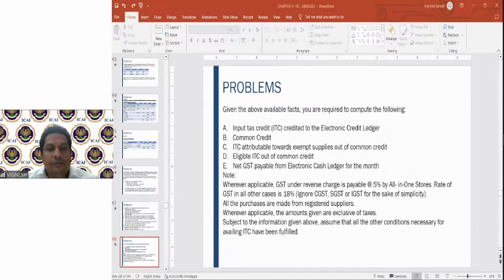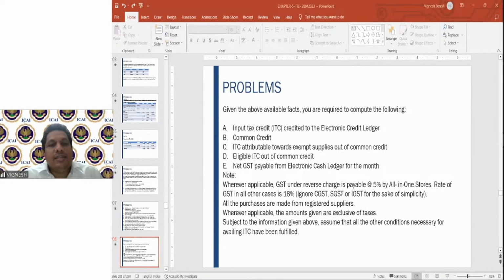After you remove that, you will get the total input tax credit which is there. Fine. Then after non-business purpose and exempt, you will get the input tax credit that has to be credited to the credit ledger. Once you get that, you have to calculate the common input tax credit. After you calculate the common input tax credit, you take out how much is attributable to the taxable supplies. That is the common credit. Then, using the ratio of exempt supply to taxable supply, you will get the common credit attributable to the exempt supplies.